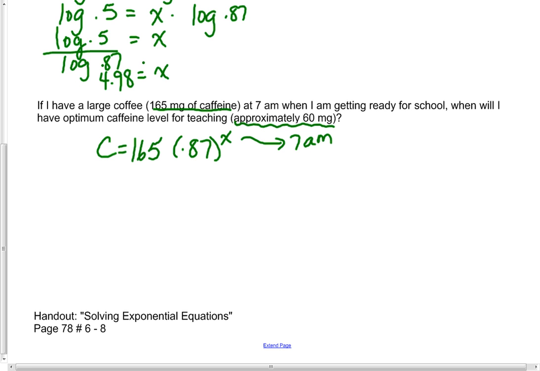So my equation would look like, when does 60 equal 165 times 0.87 to the x? So let's divide both sides by 165. So I will have 0.36 and so on.